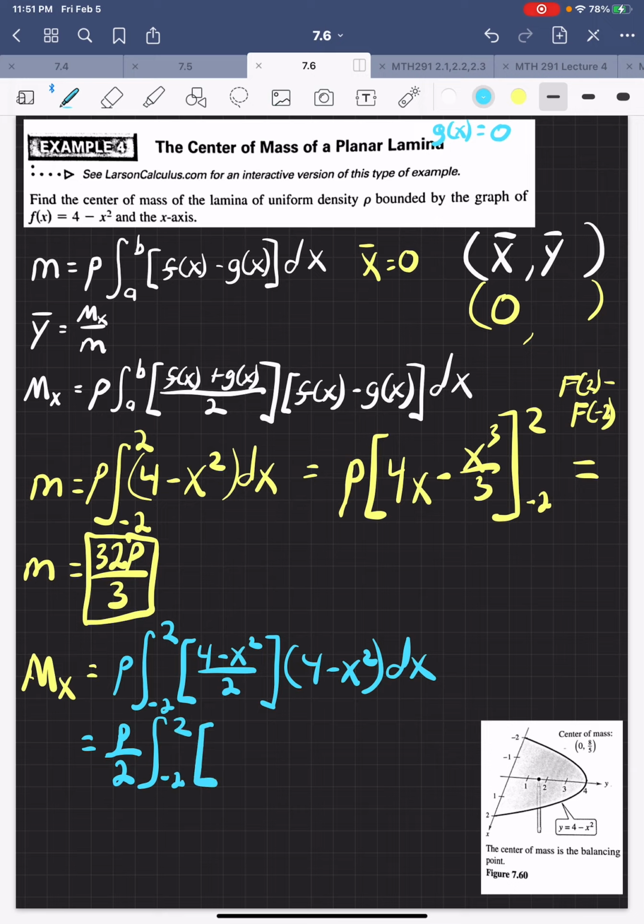And if you will allow me, I'm going to pretend that what's left after I bring that 2 out, I just FOIL that. Okay, let me get you to the result. That would just be 16 minus 8x squared plus x to the 4th. Okay, so now we simplified enough to where we can integrate.